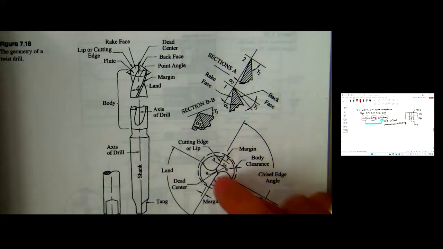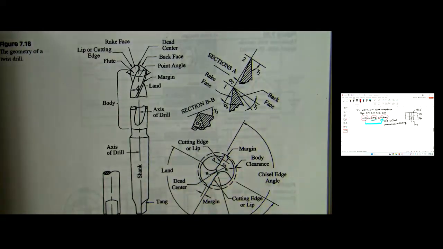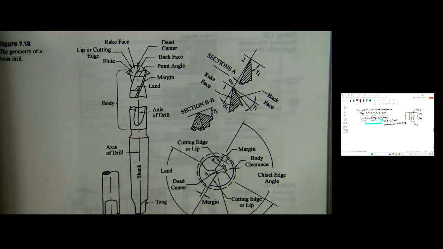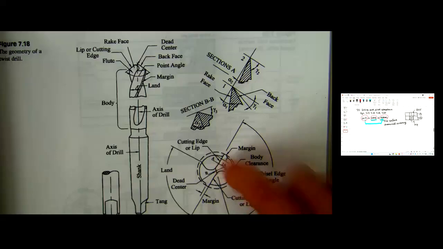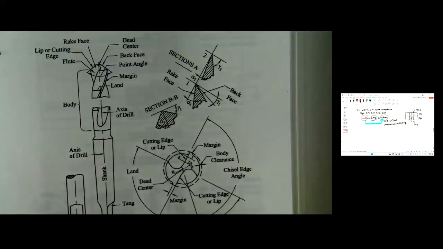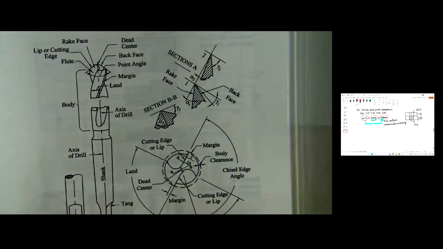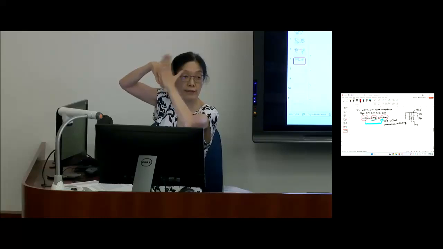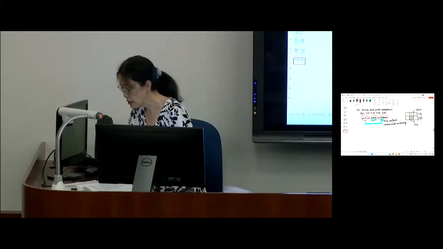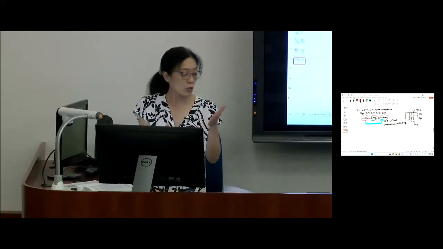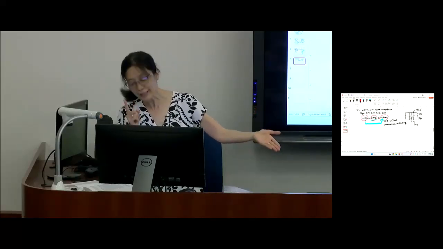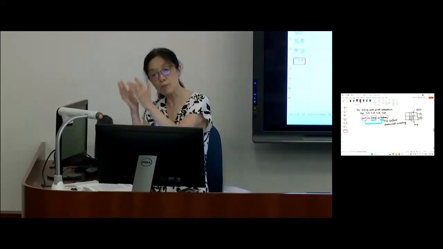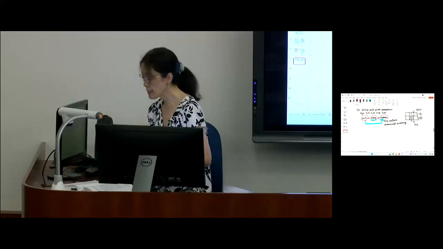Then the rake face, because you cut. Whenever you have a cut, even with a drill, the chip flow is the rake face. So once you understand this fundamental two-dimensional orthogonal cutting, you can transfer your knowledge to others.